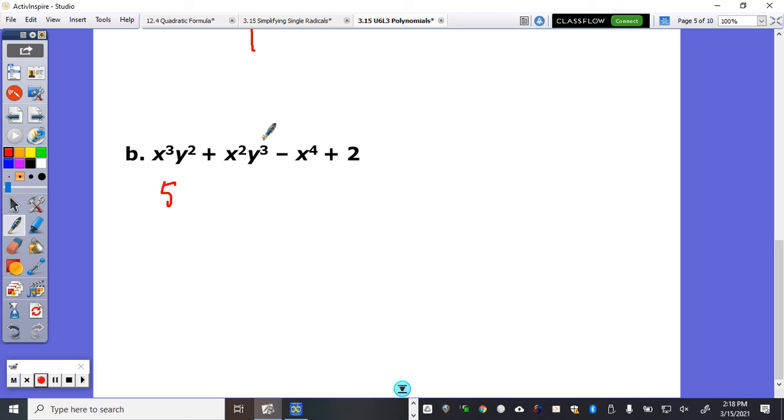What's the degree for this one? This one? And this one? 0, no variable. The larger number, 5, that's the degree of the polynomial.